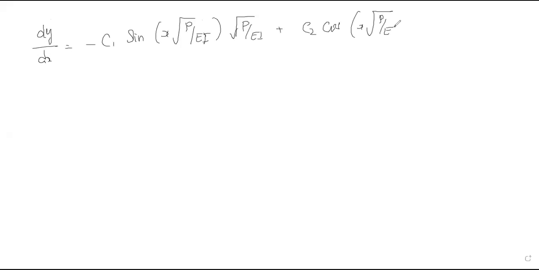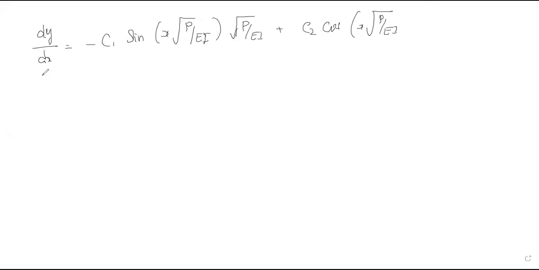So if I'm going to differentiate, the equation becomes dy by dx is equal to minus C1 sin x into root under P by EI, into root under P by EI, plus C2 cos x into root under P by EI into root under P by EI.